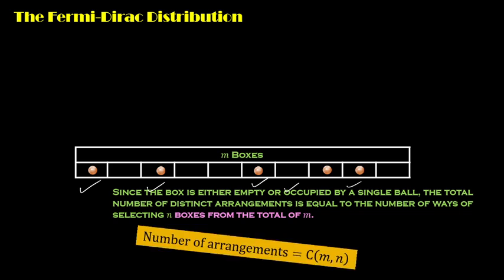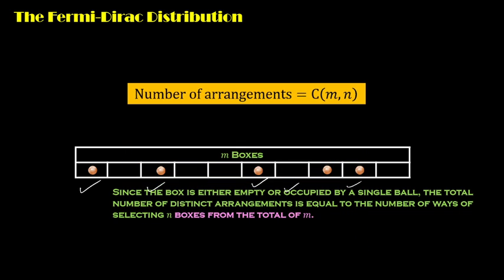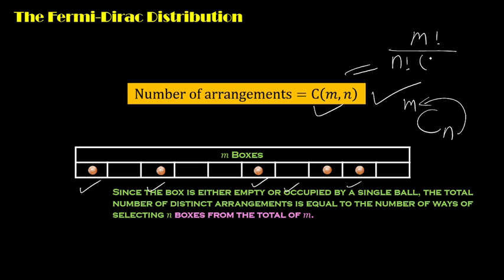So in the present case, the number of arrangements is equal to the number of ways n boxes can be chosen from m boxes, and this number of ways is given by a combination formula, which I have written in this way. We basically write the combination symbol like this, mCn, selecting n boxes out of m, and this is equal to m factorial upon n factorial times (m minus n) factorial.